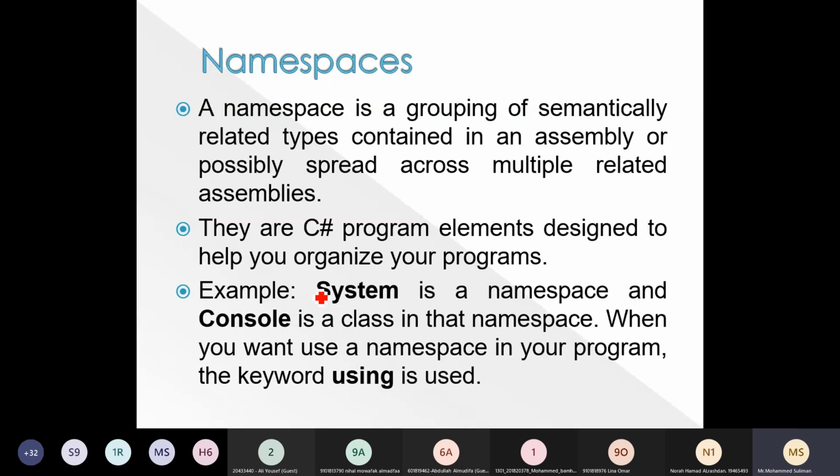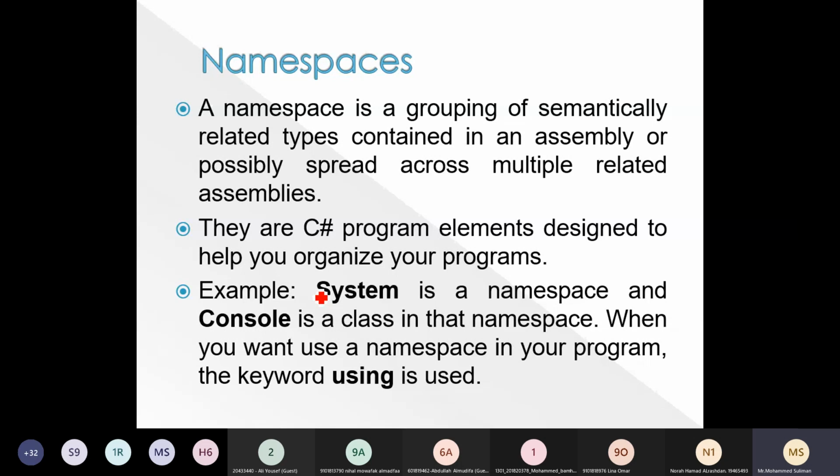Moving ahead, namespace. A namespace is a grouping of semantically related types contained in an assembly or possibly spread across multiple related assemblies. We use namespaces, which have the libraries that you can use in your program. They are C# programming elements designed to help you organize your program. For example, System is a namespace and Console is a class in that namespace.